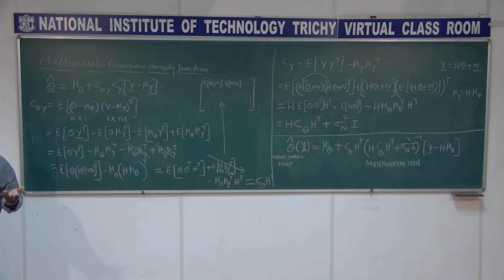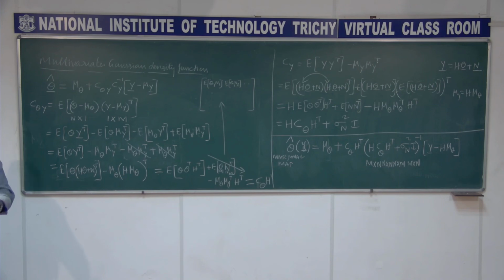Then we can go for maximum likelihood estimation. Yeah, that is what is also being used. If you are not very sure that theta is Gaussian distributed, or if you are not able to make theta Gaussian distributed, because it is in your control. What you transmit is in your control. If you are making them Gaussian distributed, fine. We can go for a proper estimate like this. But if it is not, then we have to go for maximum likelihood estimation.